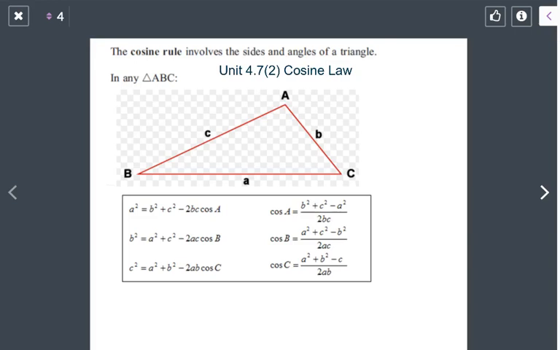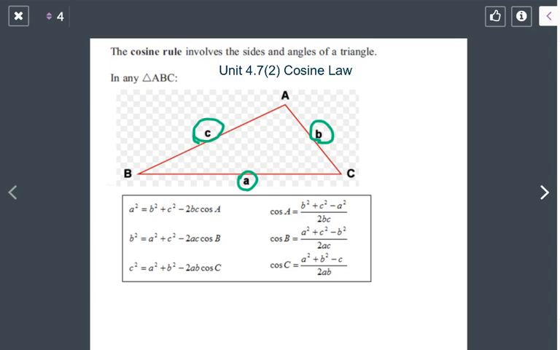Today's lesson is about Unit 4.72 Cosine Law. When we have triangle ABC, we label its opposite sides with lowercase a, b, c to stand for the size. The capital A, B, C normally stand for the angles.